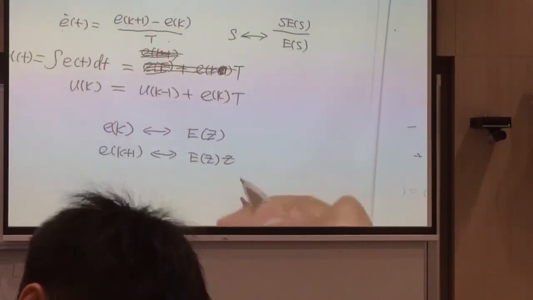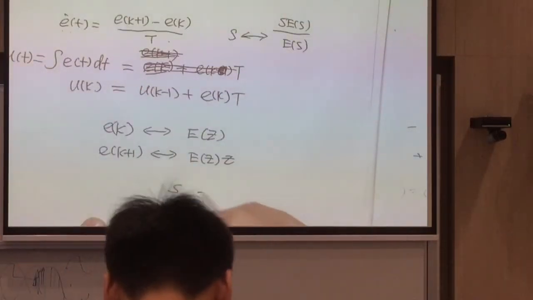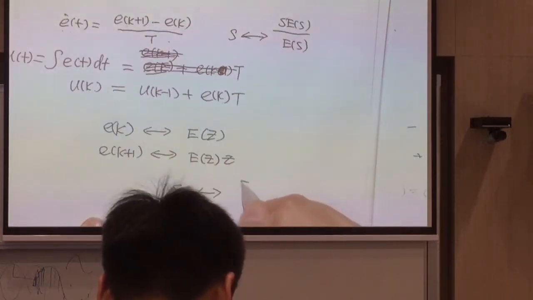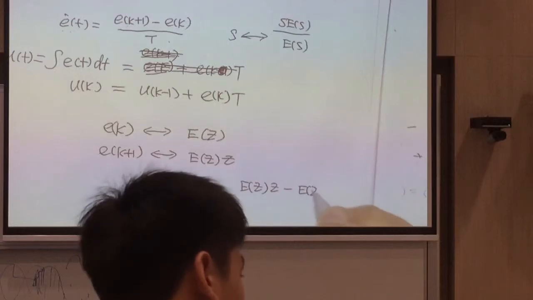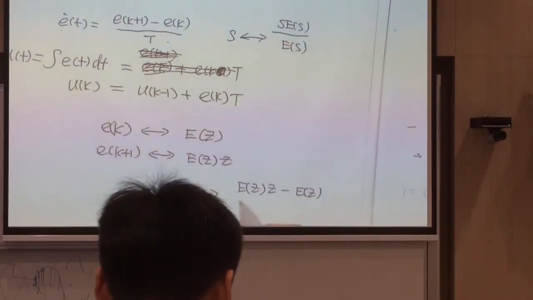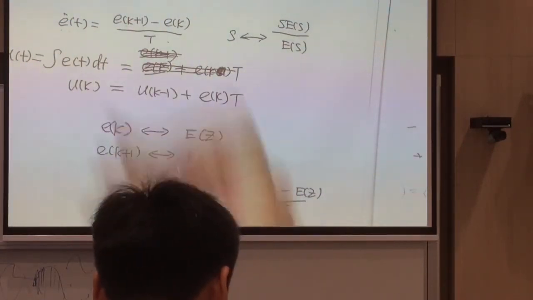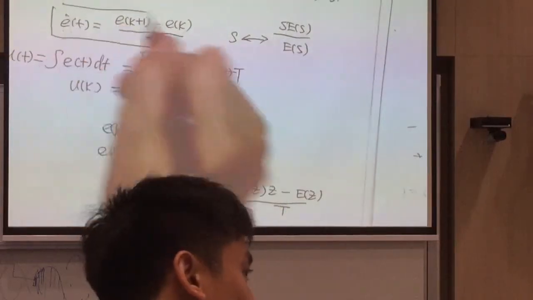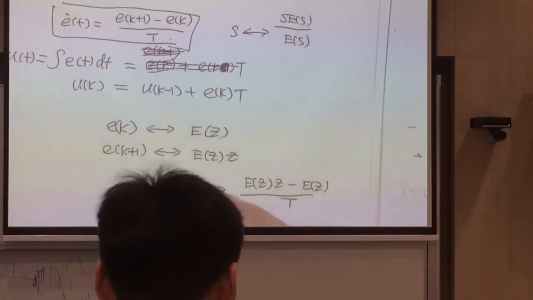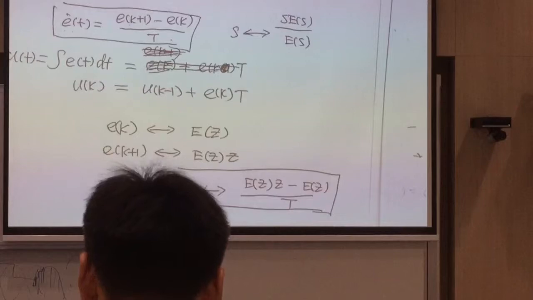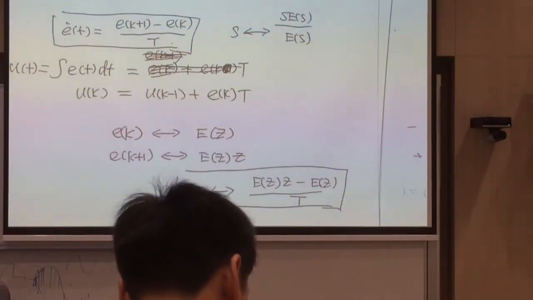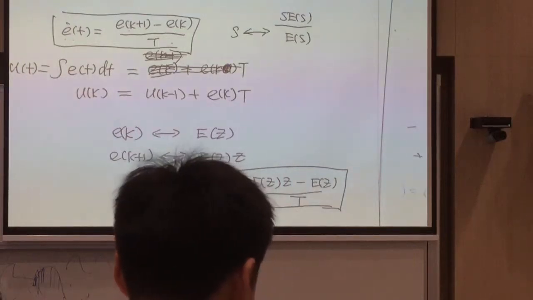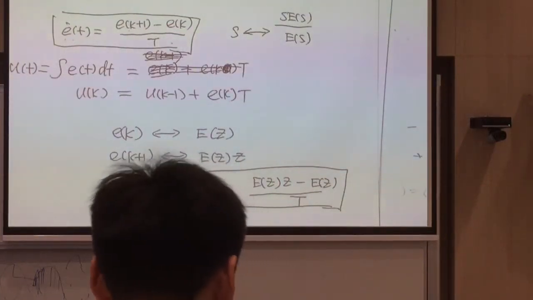Then your S operator is going to map with your Ez multiplied with Z minus your Ez, divided by this one. This is something we actually have done during our exercise 4, isn't it?